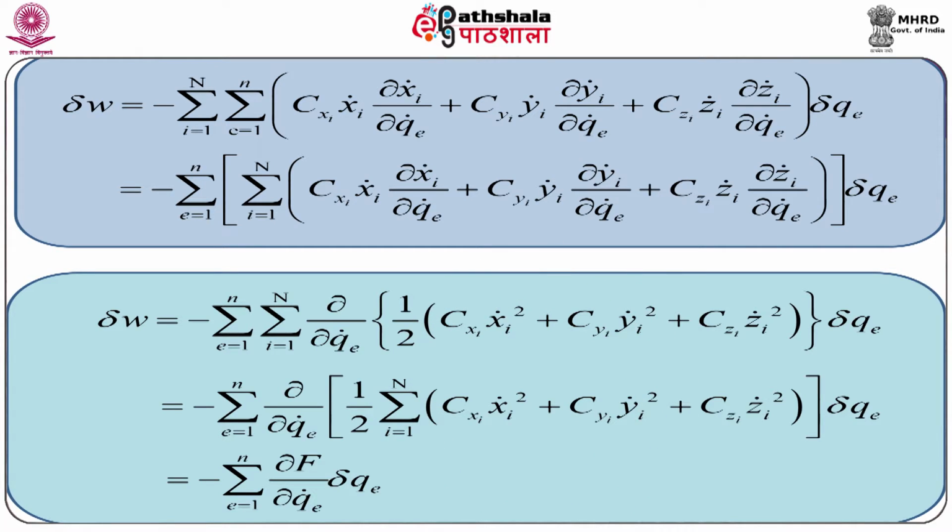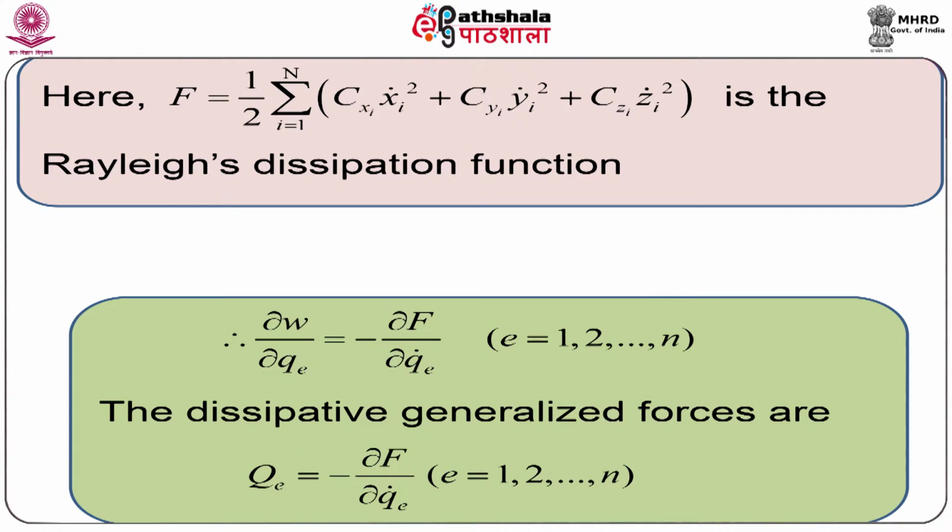This is the expression for capital F. Substituting F here, we get delta w equal to minus summation over k del del qk dot operated on capital F into delta qk. Here capital F, which has this expression, is the Rayleigh's dissipation function.